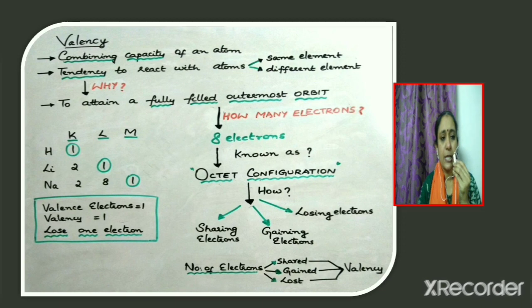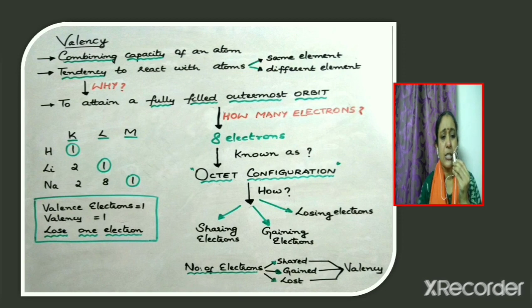But why does an atom show a tendency to combine or to react with atoms of other elements? It is to attain a fully filled outermost orbit. What is meant by a fully filled outermost orbit? How many electrons can be present in the outermost orbit? It is equal to 8. 8 electrons can be present in the outermost orbit.